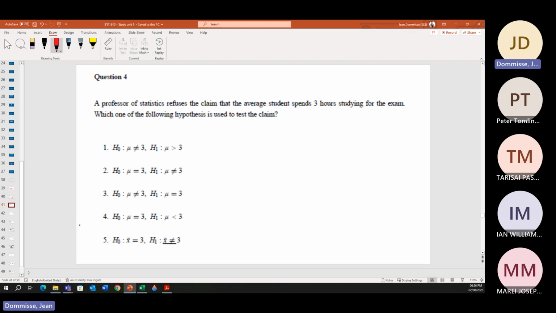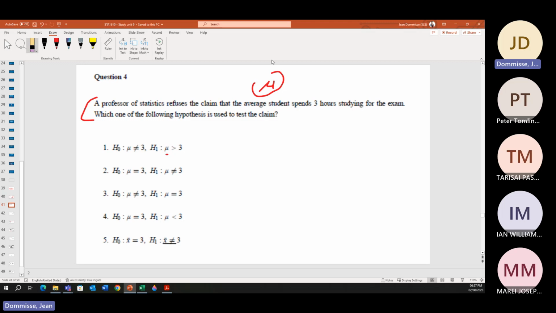What they also like to ask you, and this will definitely be in one of your assignment questions, is they'll give you a statement and then ask what's the null hypothesis and what's the alternative hypothesis. The first thing to remember is you will only work with the mean.